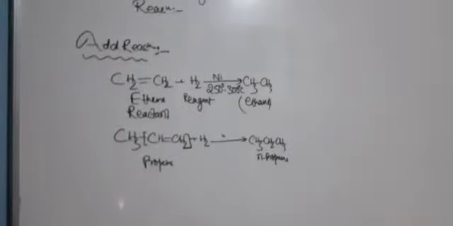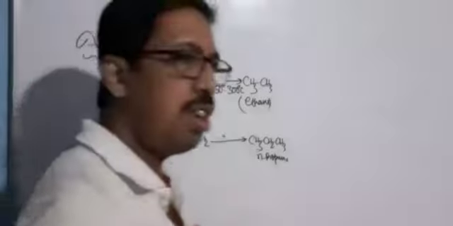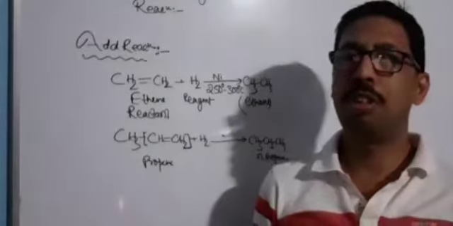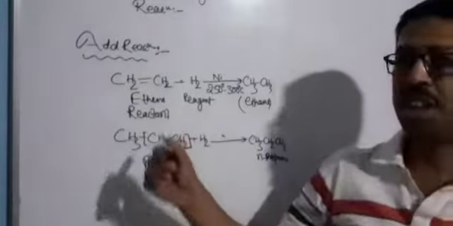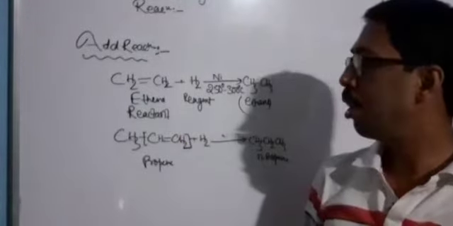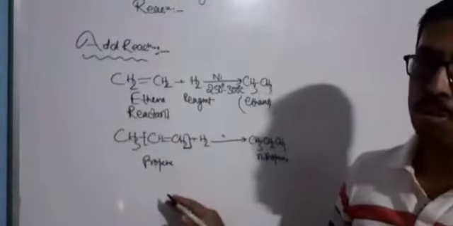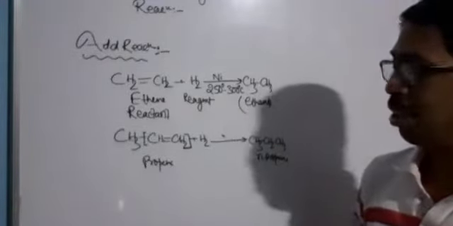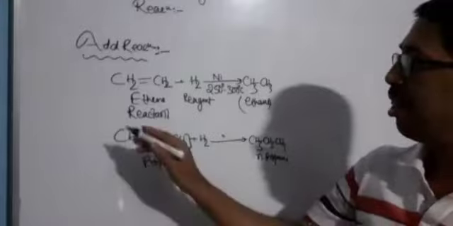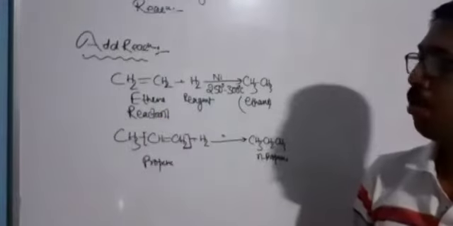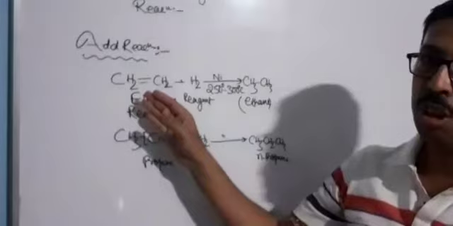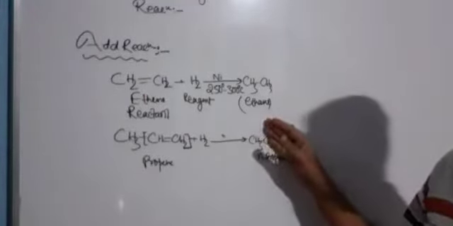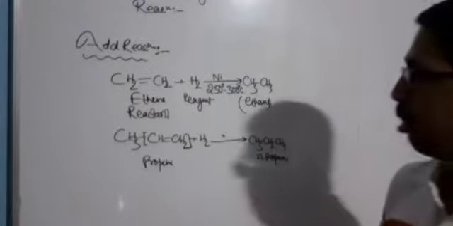So such type of reaction in which the atom or group of a reagent molecule is simply added to the reactant molecule without the removal of any atom or group from the reactant molecule is known as addition reaction. Addition reaction is mainly shown by unsaturated organic molecules, and after the reaction they form saturated products.